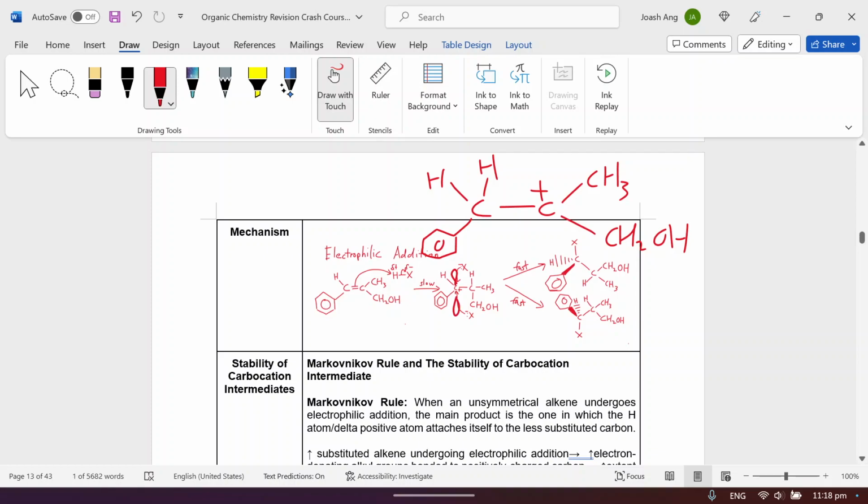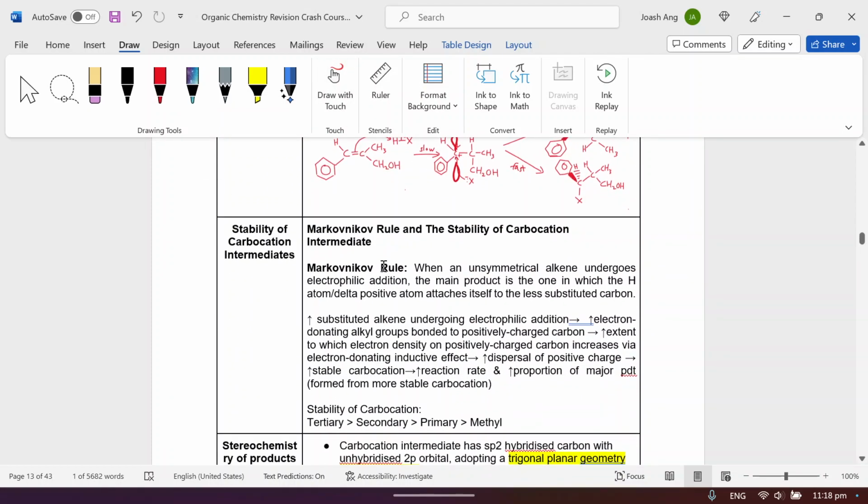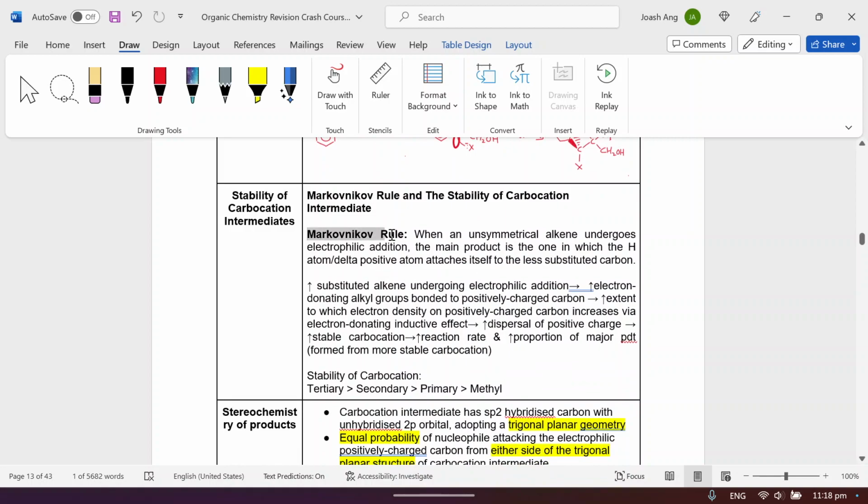Alright, so that is why it disperses the positive charge to a much greater extent, because resonance effect usually is a lot stronger than the inductive effect. So just take note, this Markovnikov rule is very important in deciding what product is formed as the major product.